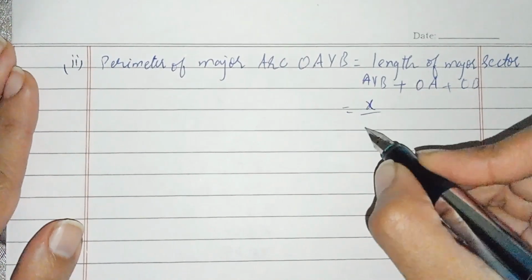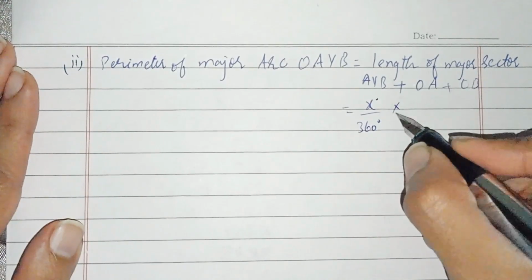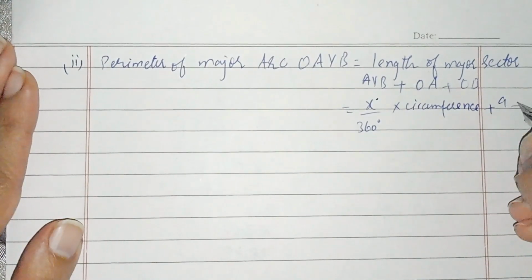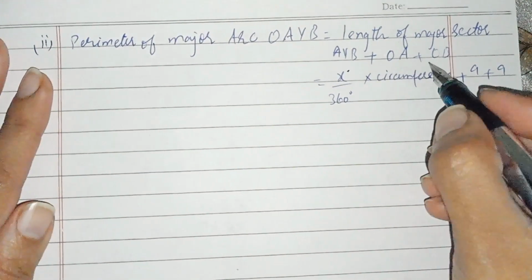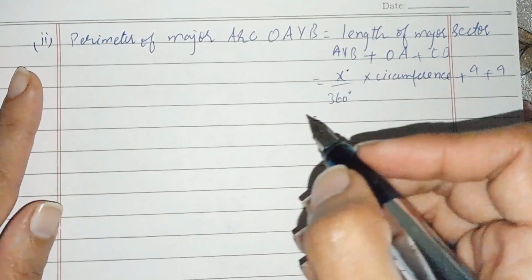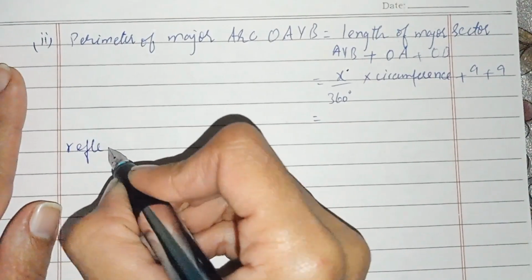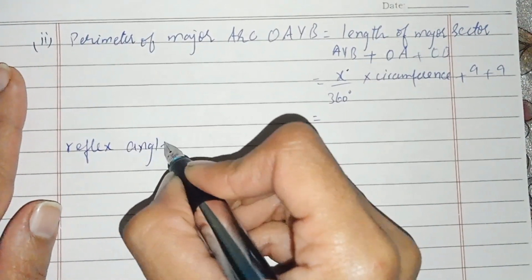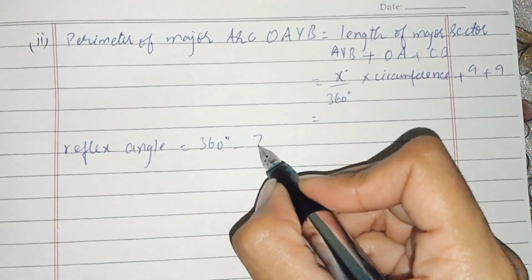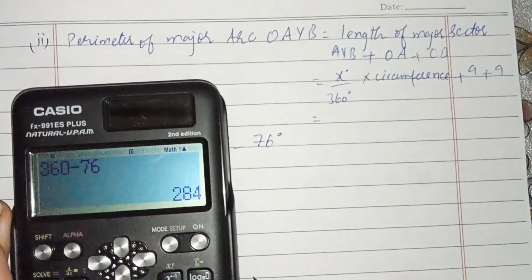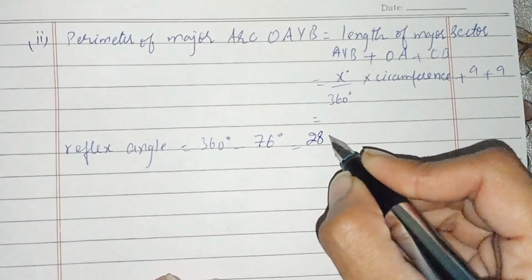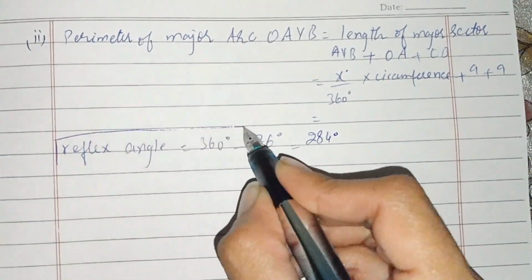That formula is x over 360 degree multiplied by circumference, and this is equal to 9 and 9, a radius, which is also the radius. And we can get this reflex angle as 360 minus 76. 360 minus 76, we get 284 degree.